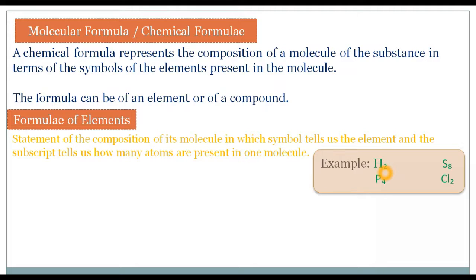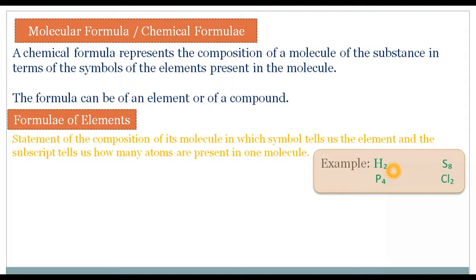And we know that in one molecule of hydrogen there are two atoms, so we have written 2 in the lower figure. So this 2 represents that one molecule of element hydrogen contains 2 atoms of hydrogen. If we write 2 in front of H, if we write 2H, that means 2 separate atoms of hydrogen.